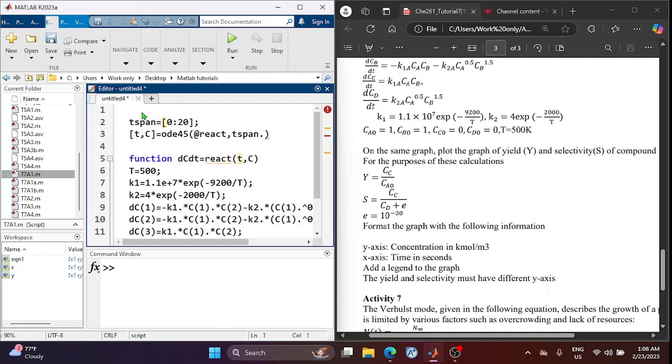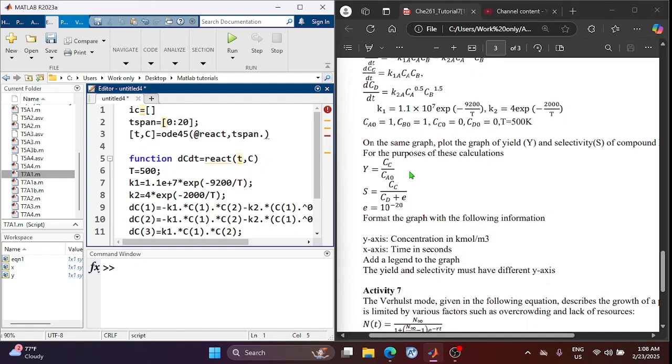For the initial conditions, CA naught, that's the species A, was 1, B was 1, C was 0, D was 0. So I can put that here, t span, comma, our initial conditions.